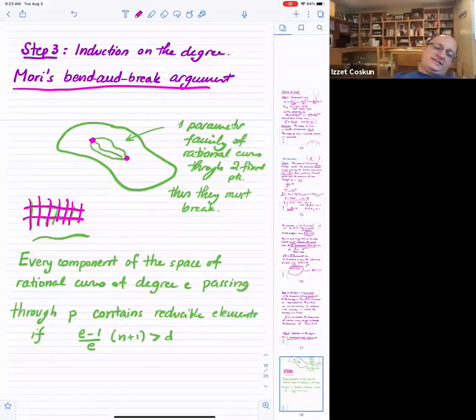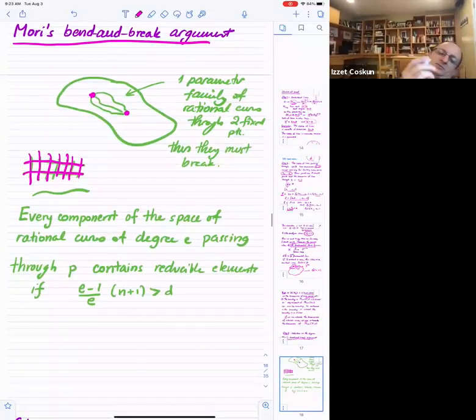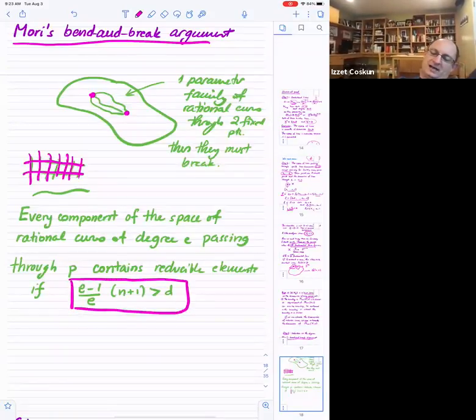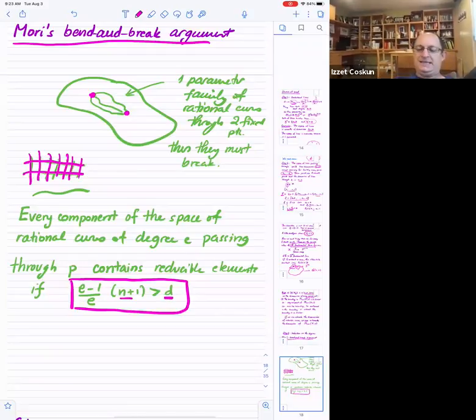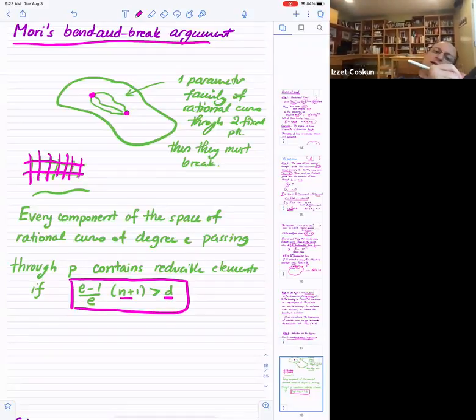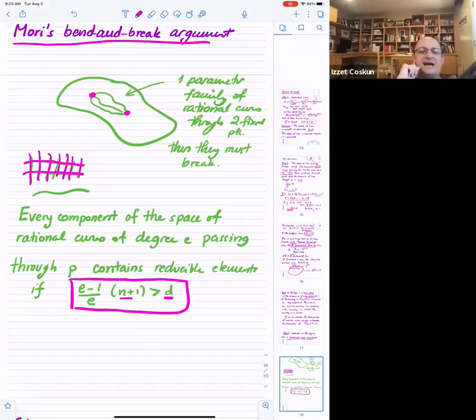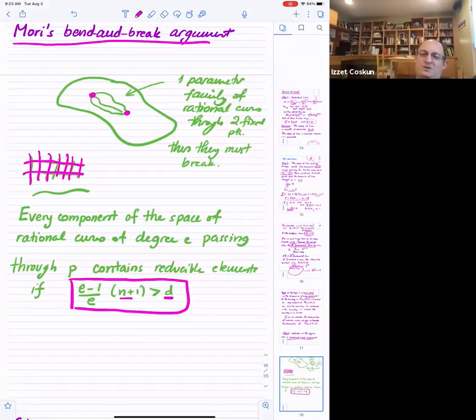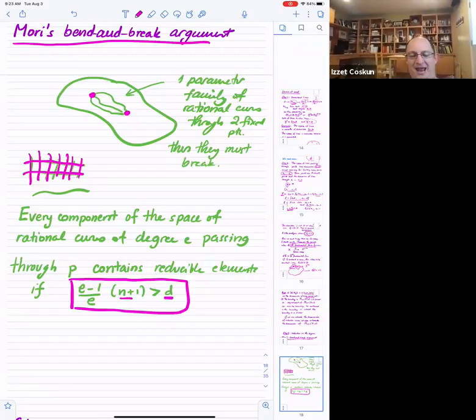Okay, so you make this kind of argument. What this says is that as long as E minus 1 over E times M plus 1 is bigger than D, then you look at curves that pass through 2 points, and you see that the dimension of such things is at least 1, in which case it has to break.